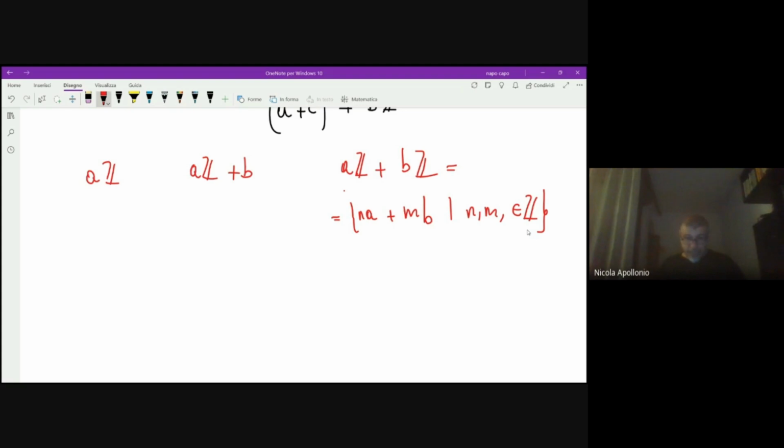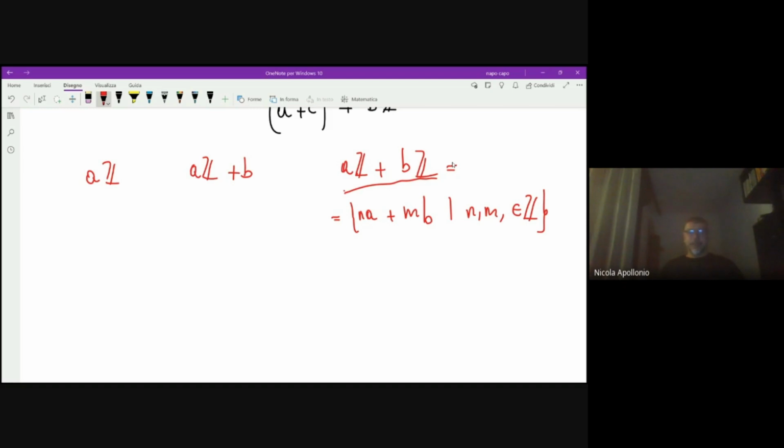So we have already given a name to these objects, to the elements of this strange sum AZ plus BZ. Which is the name of these elements?